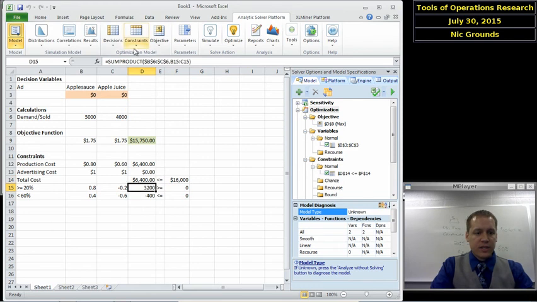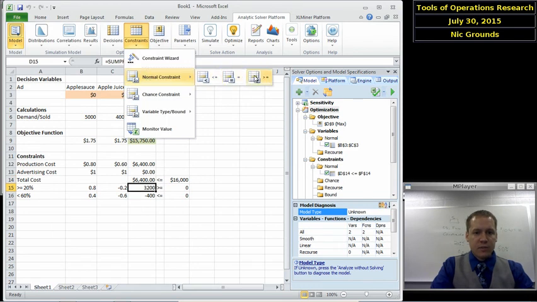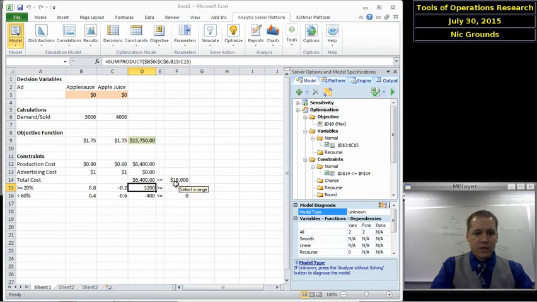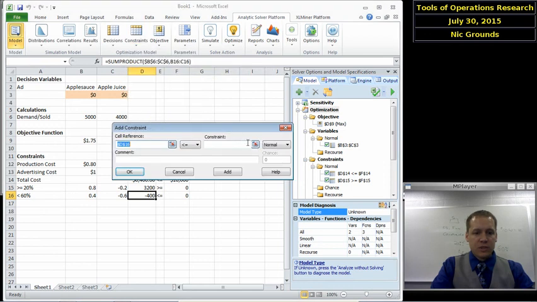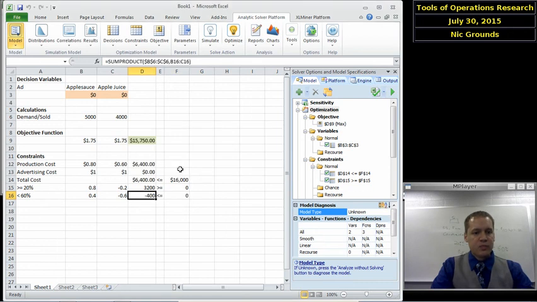Value in D15 must be greater than or equal to value in F15, 0. And D16 must be less than or equal to F16, or 0. Okay?